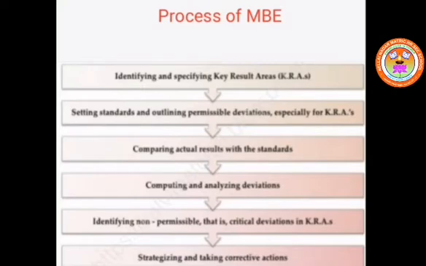That is, identifying and specifying key result areas, setting standards and outlining permissible deviations especially for KRAs, comparing actual results with the standards, computing and analyzing deviations, identifying non-permissible, that is, critical deviations in KRAs, and standardizing and taking corrective action.